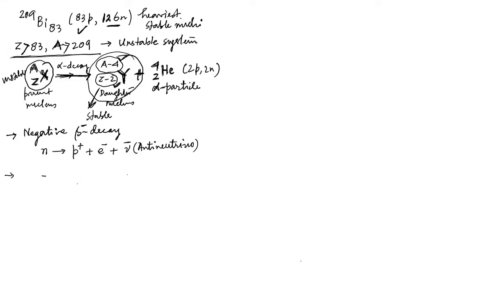And then we have a positive beta decay, in which a proton becomes a neutron, which has zero charge, neutral, and a positron and a neutrino.